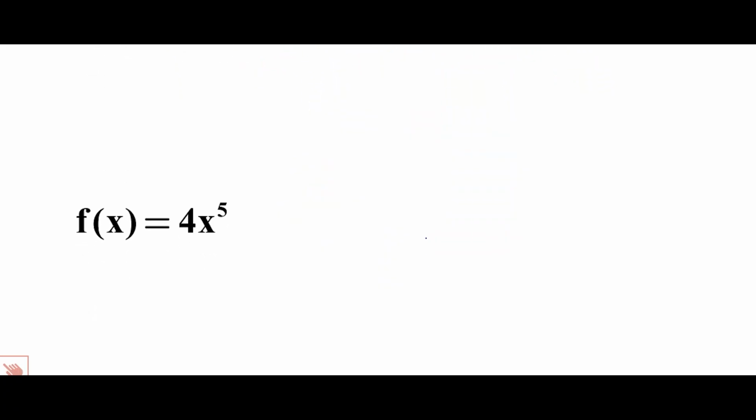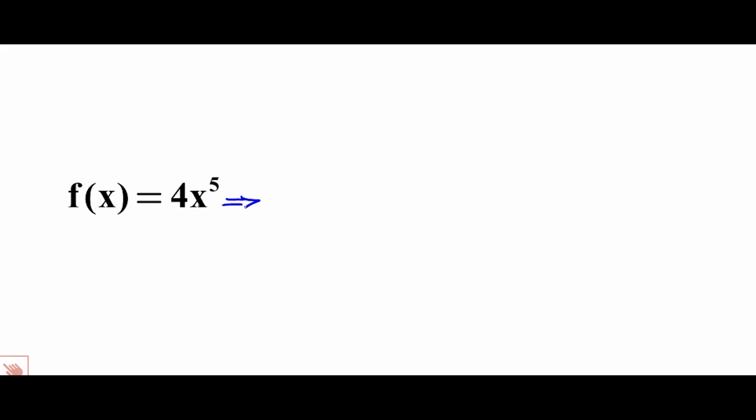Or if f of x is 4x to the 5th power, we have f prime of x is equal, first keep the constant 4 and then take the derivative of the rest of the term, means the derivative of x to the 5th power.